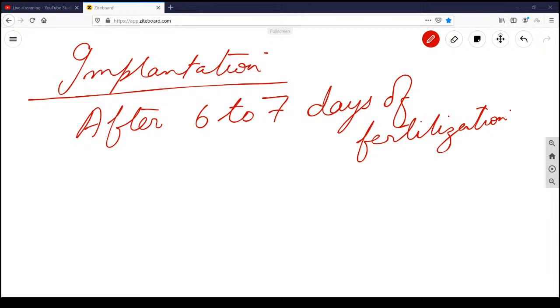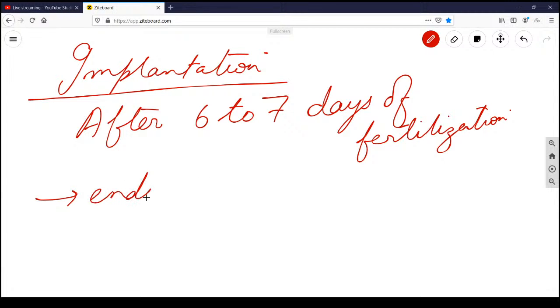At this stage, the embryo begins to make a firm attachment to the epithelial lining of the endometrium. We have endometrium, myometrium, perimetrium. Endometrium is the deepest lining of the uterus, the cavity of the uterus. It surrounds the lumen of the uterus, right?